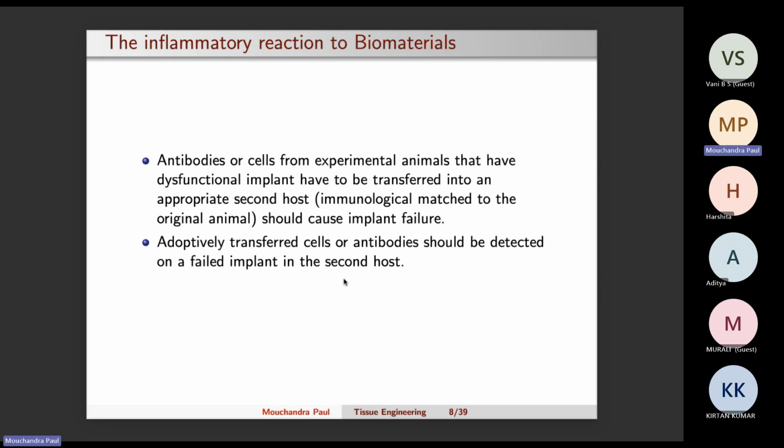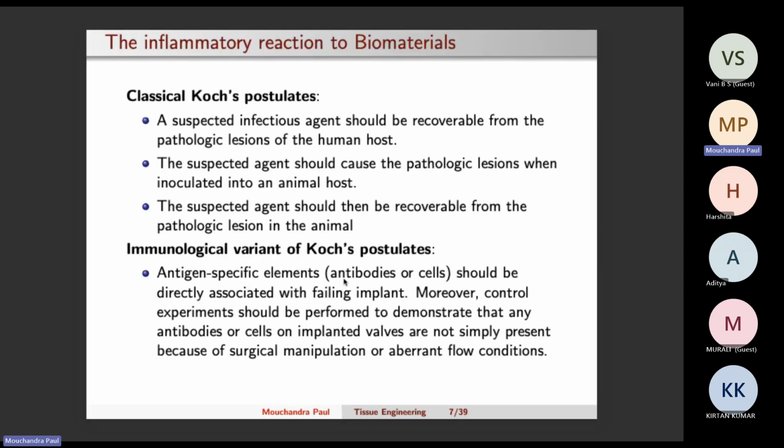Okay, so let me repeat again what is the variant of Koch's postulate which is applicable in our case. So first, you have to take your implant and transplant it into your first host.